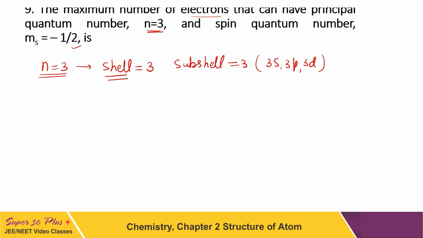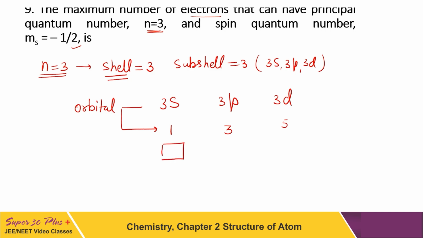Now in these 3 subshells, how many orbitals are there? See, we have 3s specifically, 3p, and 3d. And what about the number of orbitals? What do we have here? 1 orbital here, 3 orbitals here, and 5 orbitals here. And we also know that in each orbital we have 2 electrons.